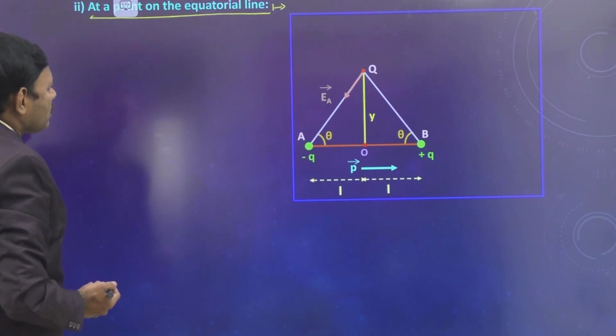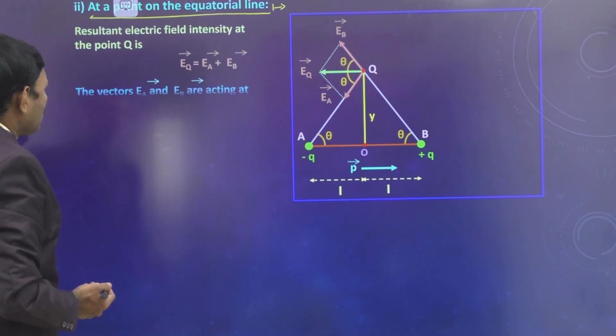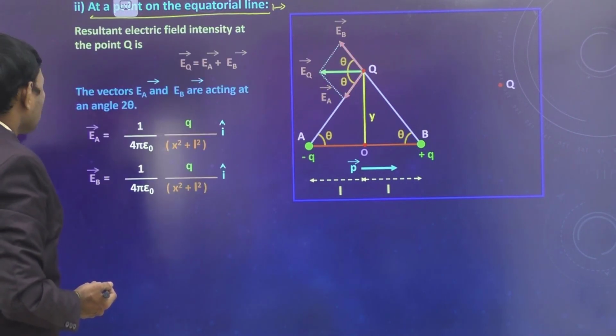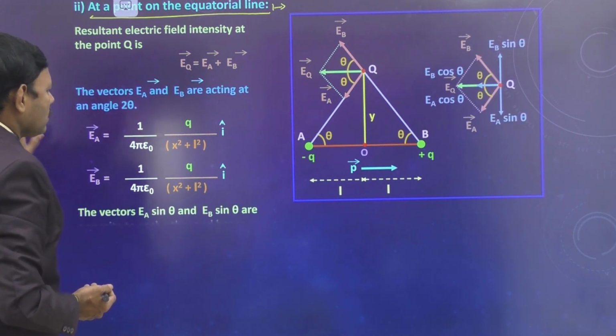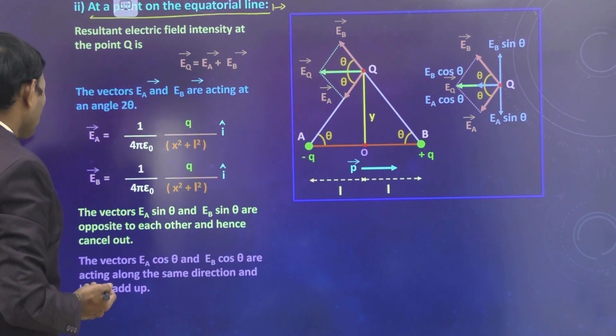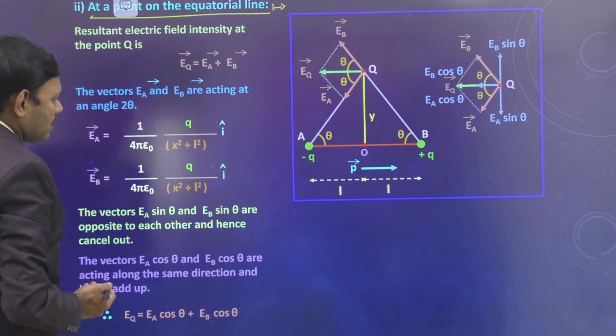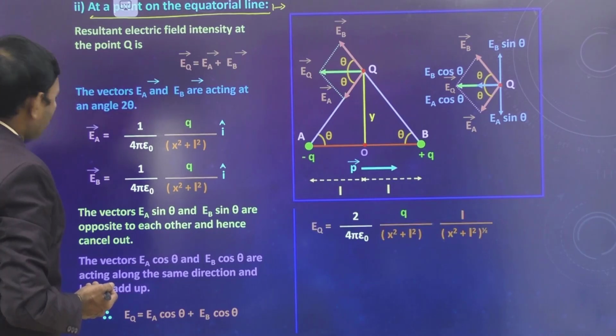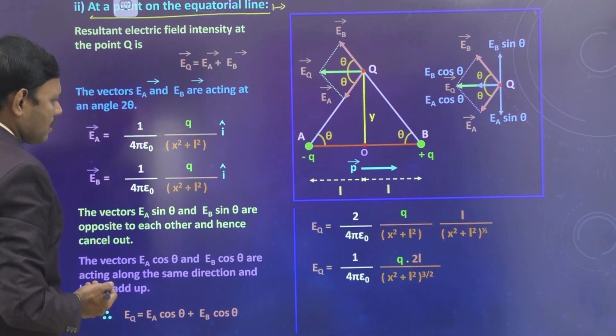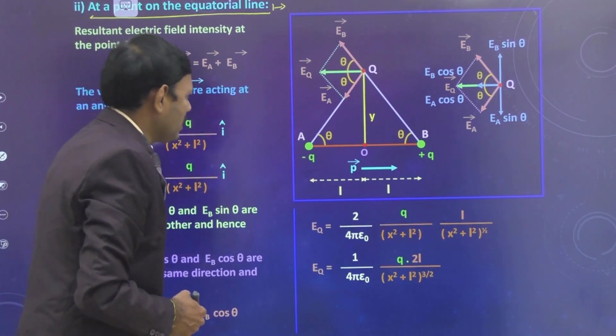So, we do the derivation and ultimately we get the expression for the electric field intensity due to the dipole. After this derivation, I would like to give the final expression, students.